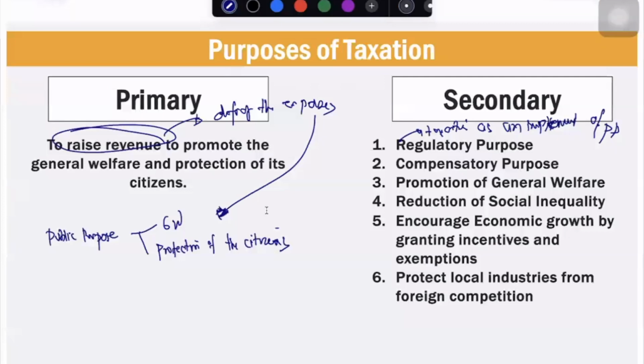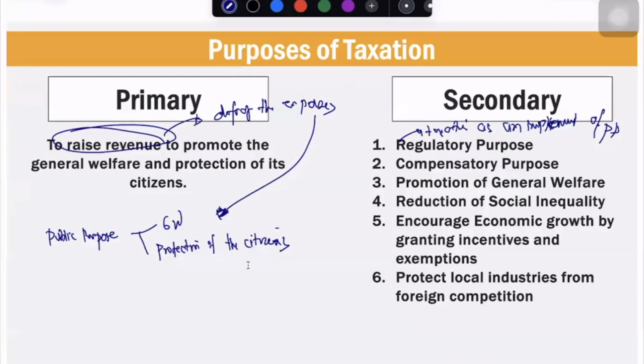Next, we have a compensatory purpose. For compensatory purpose, this is to provide some sort of compensation for our activity. So, for example, we try to impose higher taxes on alcohol, cigarettes, or imposing sin taxes on sin products.